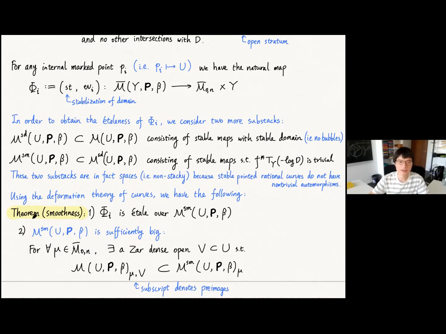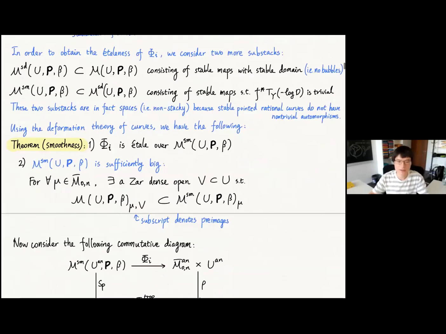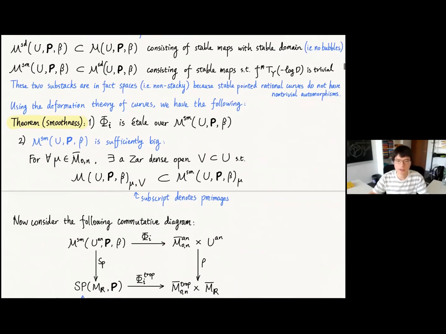So this is the smoothness theorem that we have used many times, and we will be using again today. It can be proved by the deformation theory of curves. Now we consider the following commutative diagram.